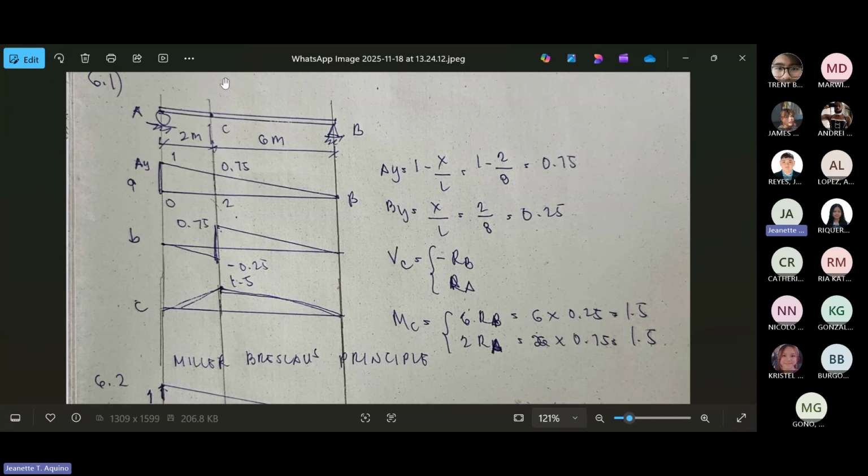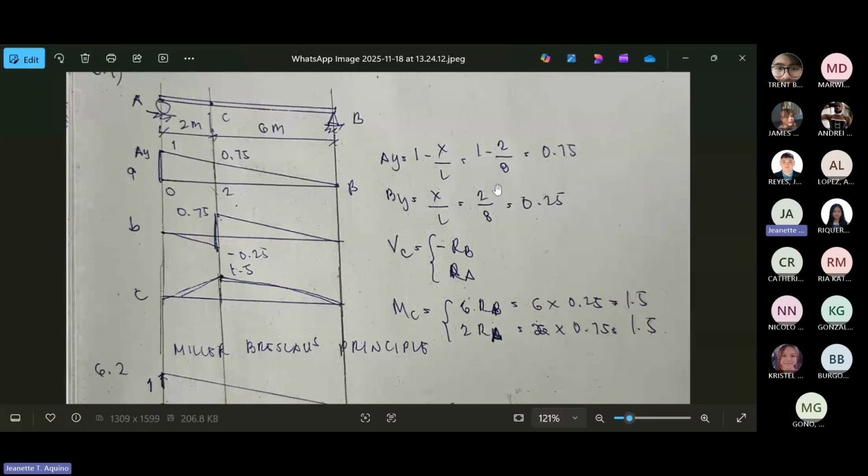If you have a load here at a distance x, and resolve for the influence line for maximum Ay, A will be 1 minus x over 8, and then 2 over 8 will be 0.25 for the shear.